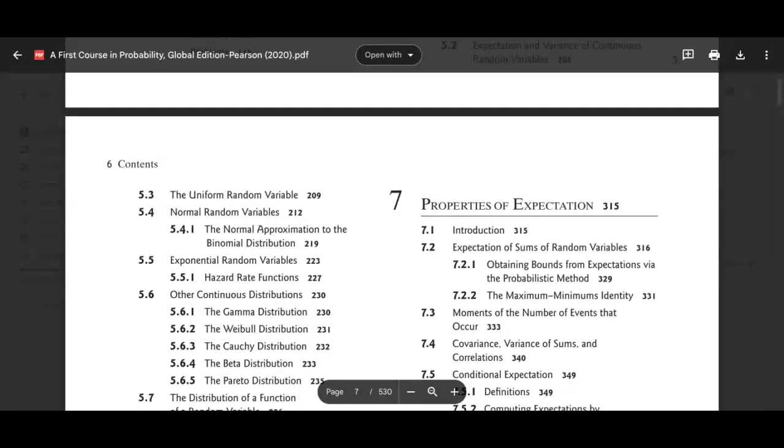So for chapter 5, the uniform random variable is not difficult at all, right? For the exponential random variable, the density function can be memorized. The normal random variable, the normal distribution, is the most important one.